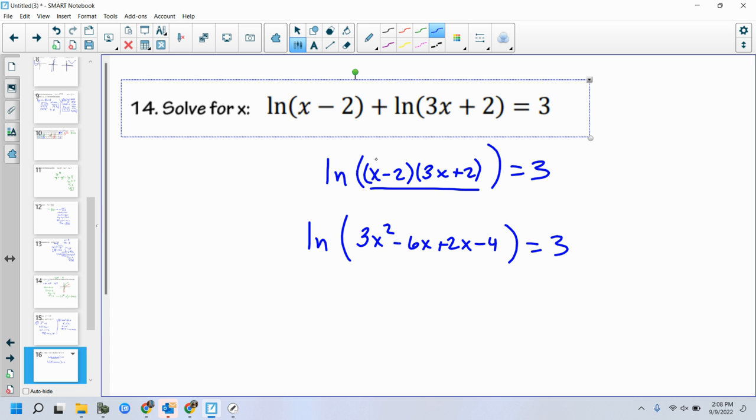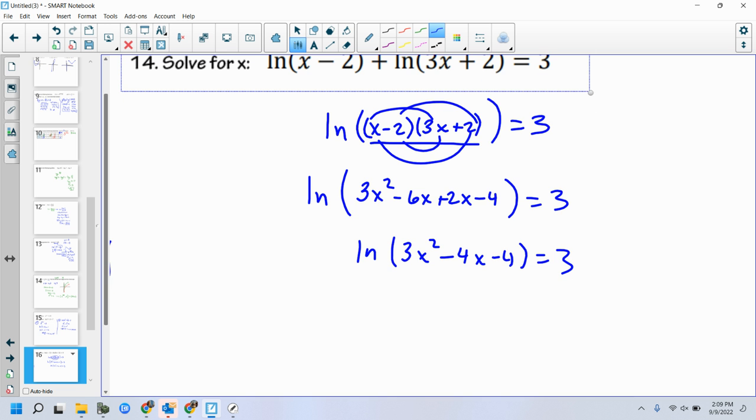First, inner, outer, last. So that gets me ln of 3x squared minus 4x minus 4. And now I can go from logarithmic into exponential. e to the third is equal to 3x squared minus 4x minus 4.